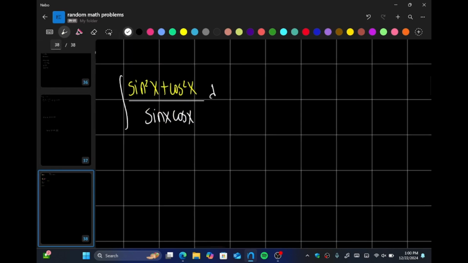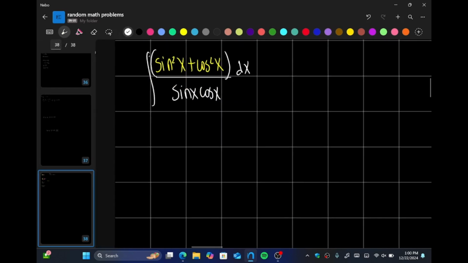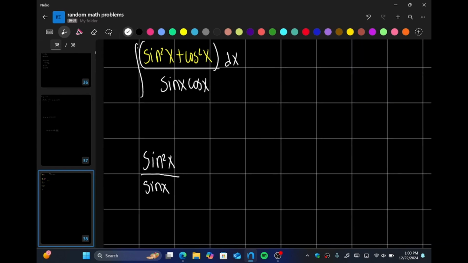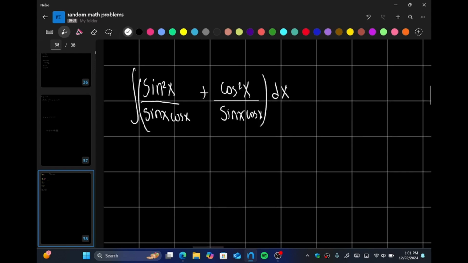Now we're going to rewrite this as sine squared x over sine x cosine x, and then plus cosine squared x over sine x cosine x. So this is the integral with respect to x.